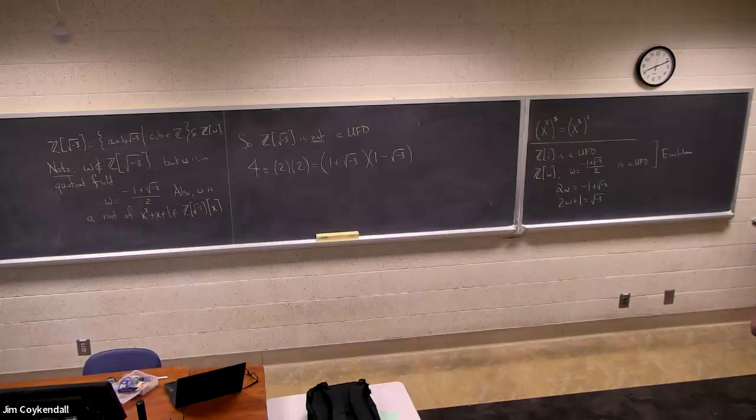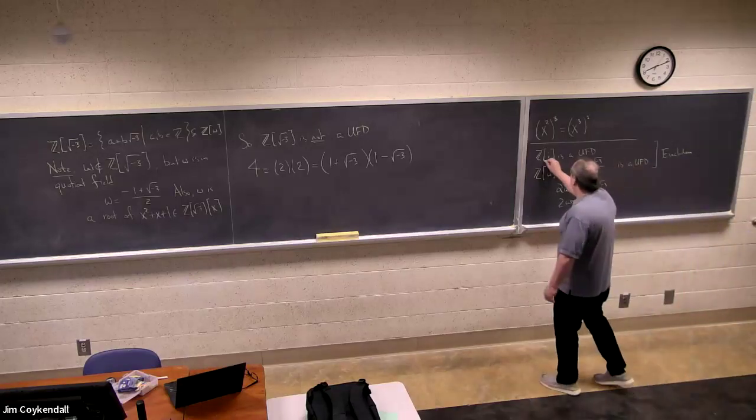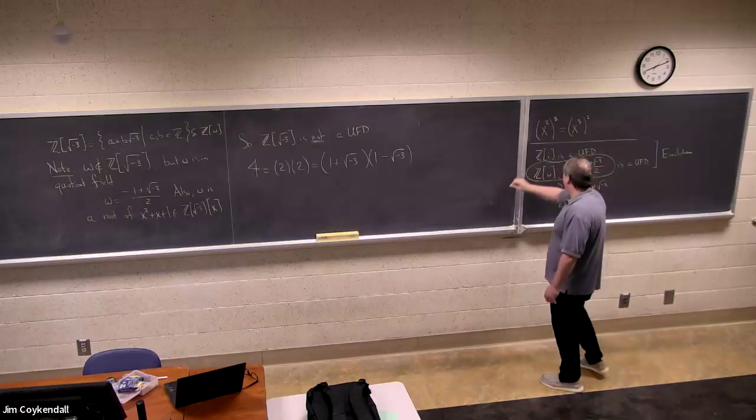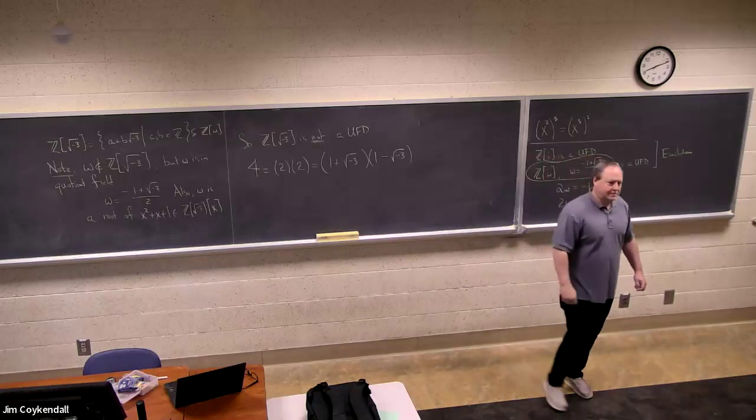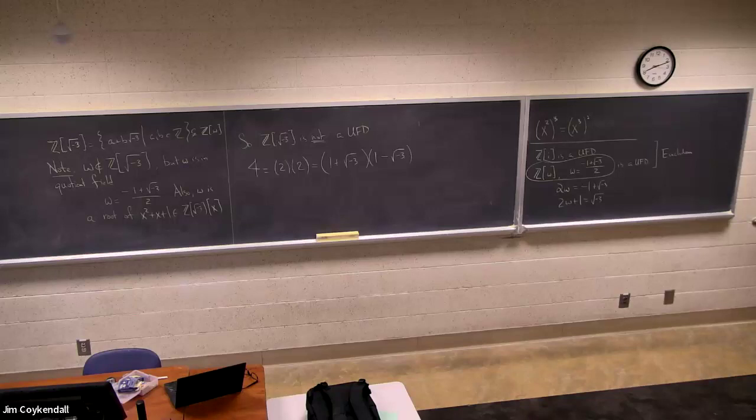Here's my follow-up question. Why is this not a bad factorization here? It's not irreducible. Nope, they're still irreducible.